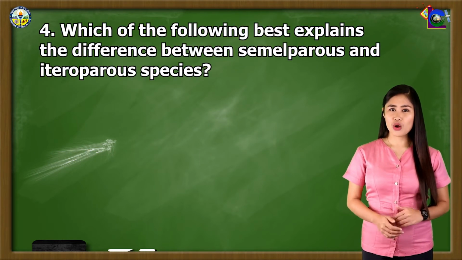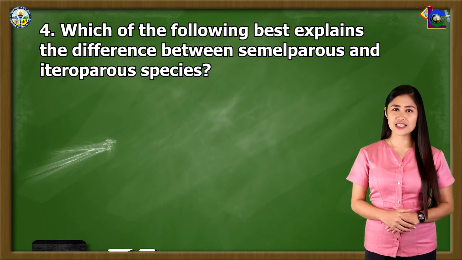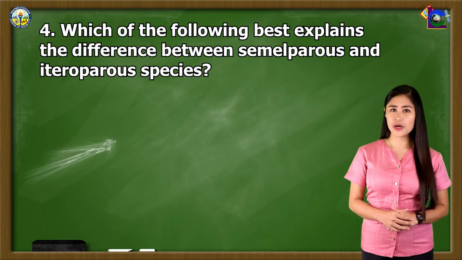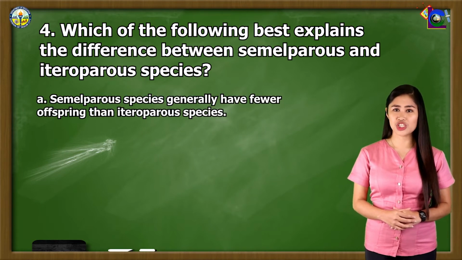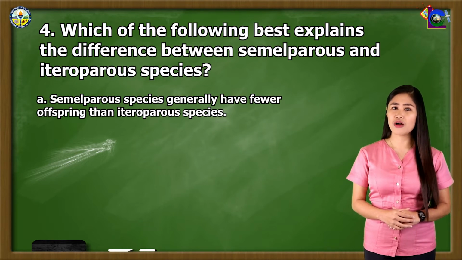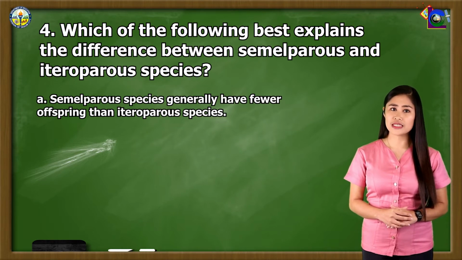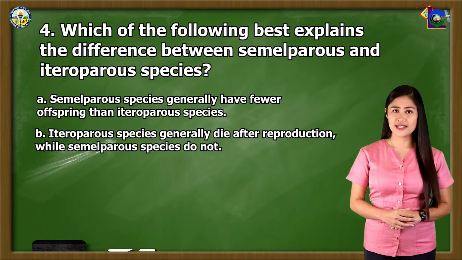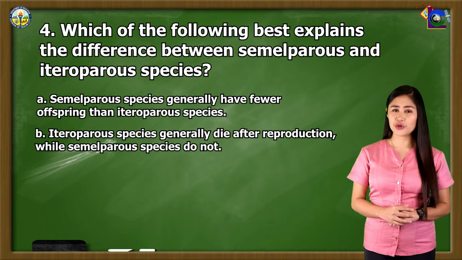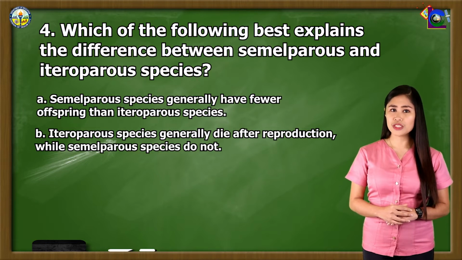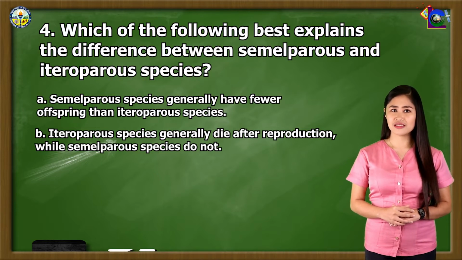Number 4. Which of the following best explains the difference between Semelparous and Iteroparous species? A. Semelparous species generally have fewer offspring than Iteroparous species. B. Iteroparous species generally die after reproduction, while Semelparous species do not.